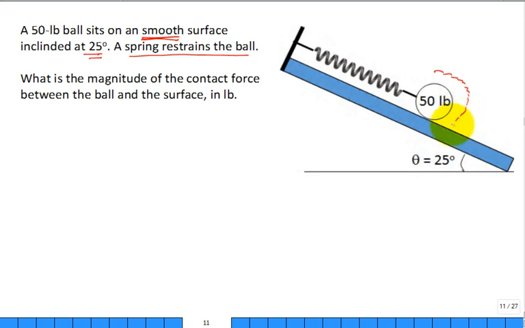But then I've got to either cut through the plate, bad idea, or cut through the contact between the ball and the plate. And it was smooth, so there's only a normal force between the ball and the plate. Later we'll get to a chapter where we deal with friction. Then you have a tangential force as well, but not now. Contact force is only perpendicular.